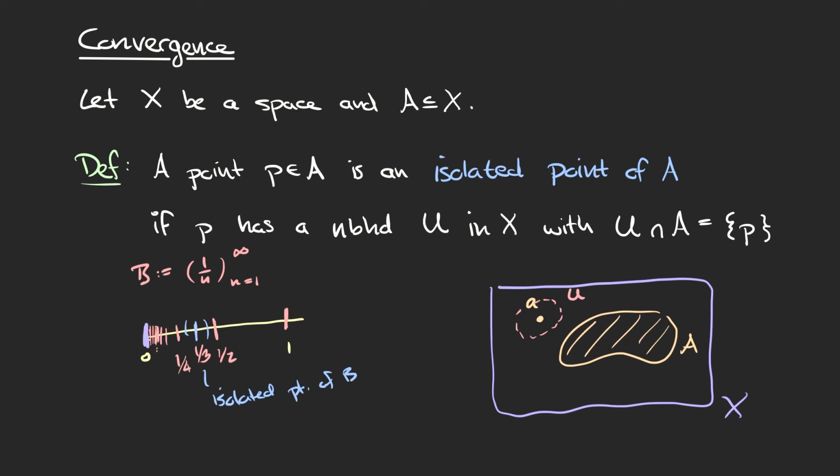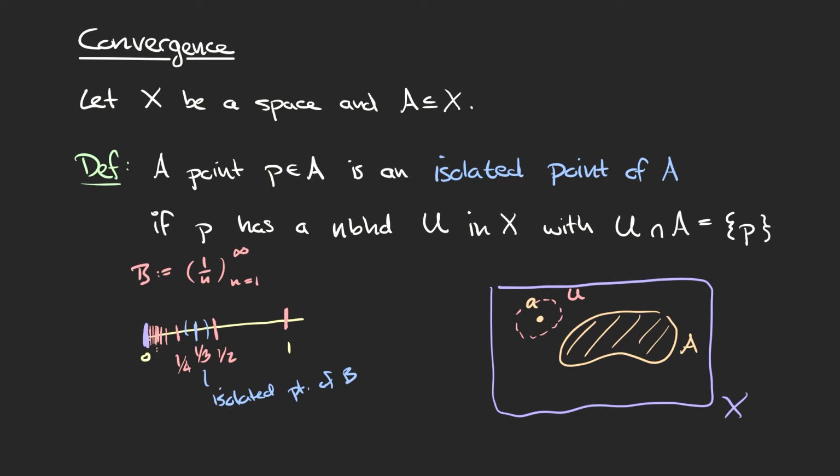And this epsilon interval will be an open set of the real line that contains the point, so it's a neighborhood, and if we intersect it with the set B, we get back only that point that we've chosen. So in fact, every point of B is an isolated point. So here we have an example where the only limit point of B doesn't lie within B itself, and every point of the set B is actually an isolated point.